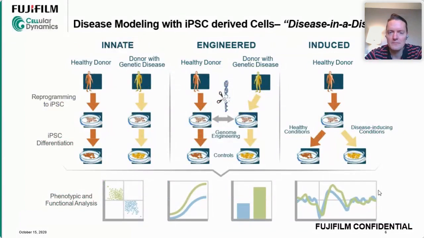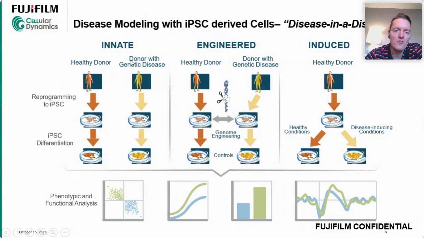So I mentioned briefly the methods for doing genetic engineering and disease modeling. We like to think of the disease modeling in three conceptual ways. The first one is innate disease modeling. So you can imagine in this case, you would be taking a healthy donor, reprogramming to iPSC, and then differentiating it to a given cell type, say a motor neuron, for example.